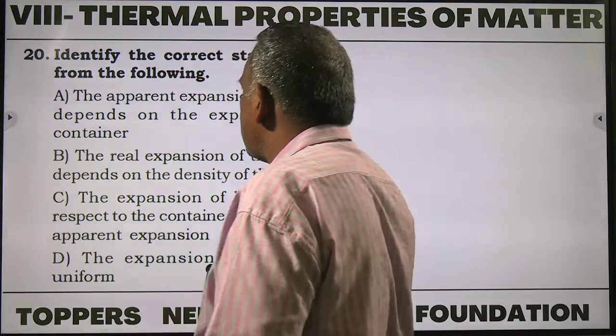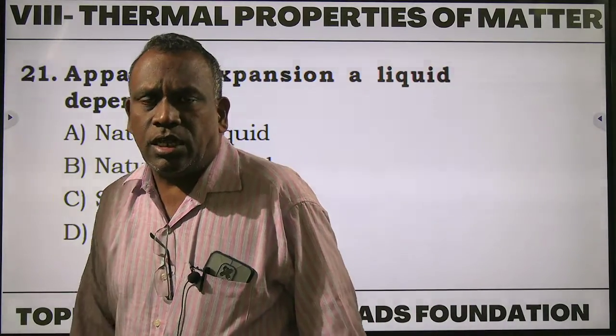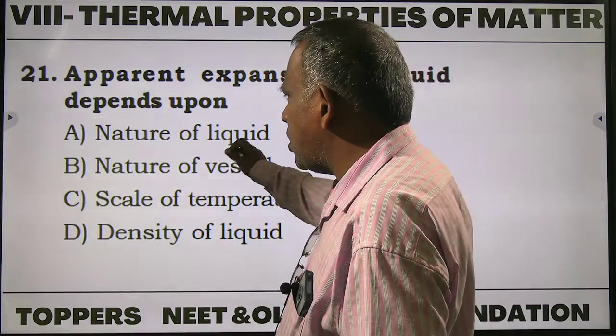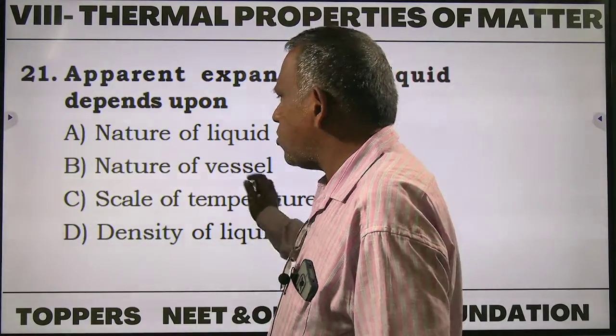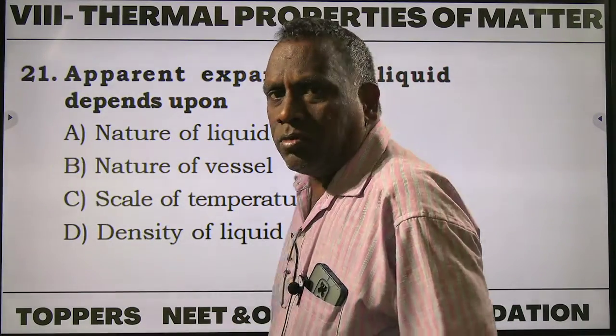So the next question: the apparent expansion of the liquid depends upon dash. The options are: A, nature of the liquid; B, nature of the vessel; C, scale of temperature; D, density of the liquid.